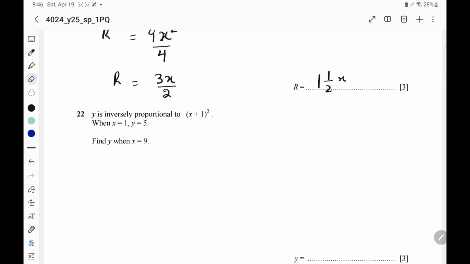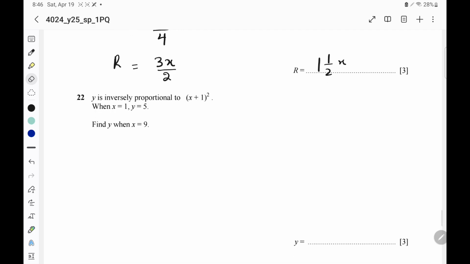All right, so now question number 22, which is a 3 marks question. y is inversely proportional to x plus 1 whole square. x is 1, y is 5.